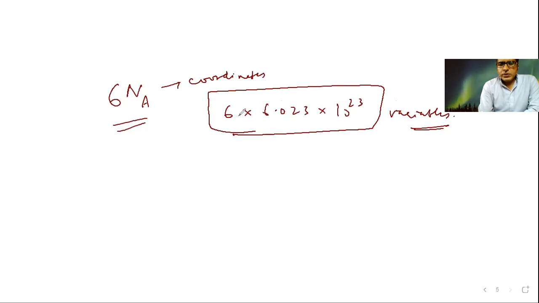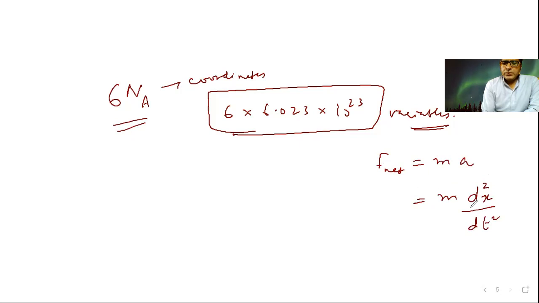You know, when we solve Newton's law, how we write Newton's law, net force on a particle is mass times acceleration. We write it as second order derivative of position with time, d2x by dt2.